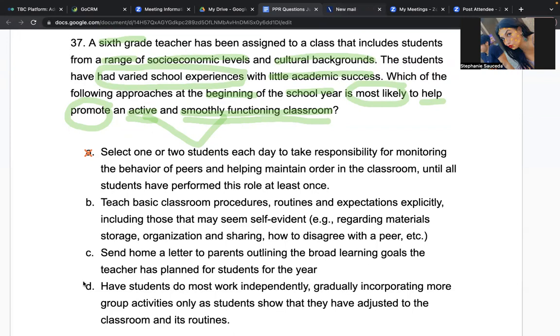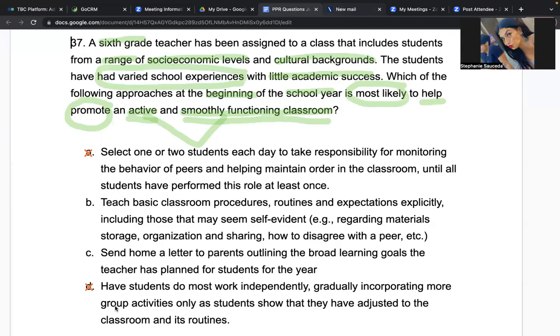So I heard someone else say D, and D is also not the right answer. I'd be willing to bet myself $5. Why is D not the right answer? Because they're in middle school, so they learn better with peers or group work.